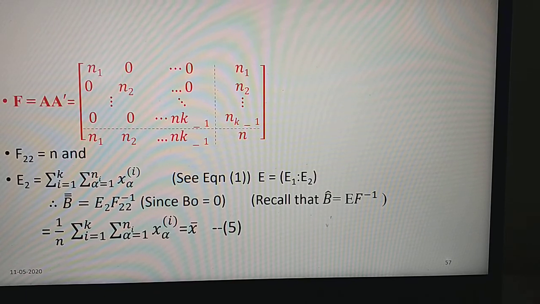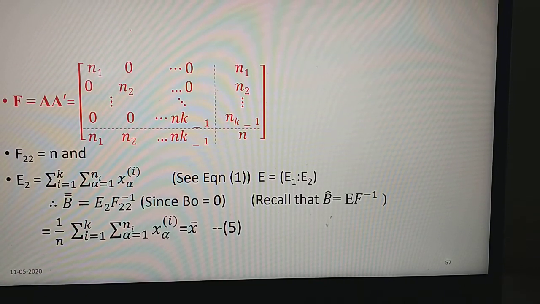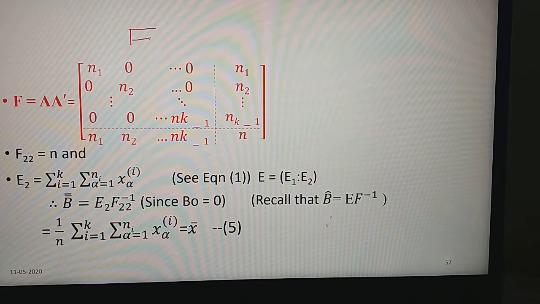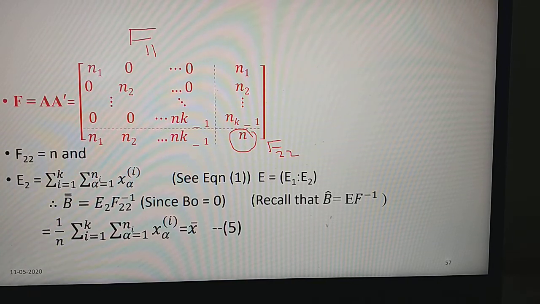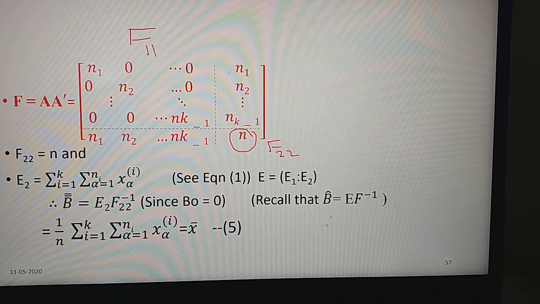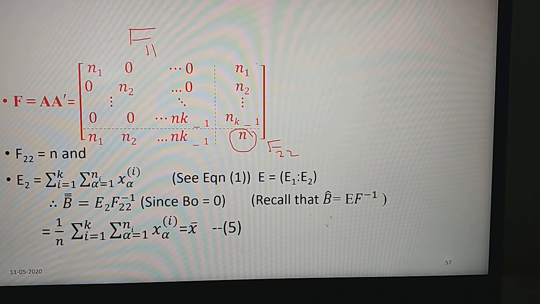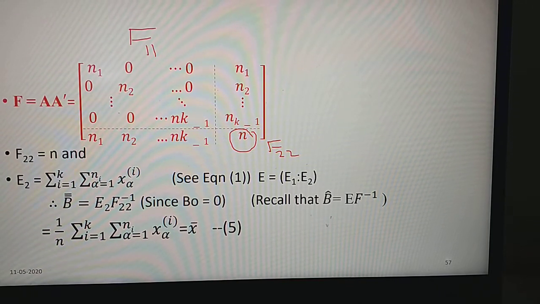Here also we have partitioned the matrix F. This matrix is F11, and this matrix, with only a single element, is F22, and this is F12 and this is F21. So here F22 is n, only n.